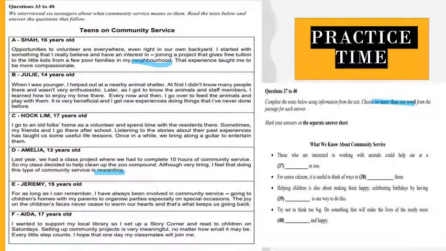Those who are interested in working with animals could help out at a zoo. So we try to look for the paragraph with animals in it. Okay, so this one. When I was young, I helped out at a nearby animal shelter.